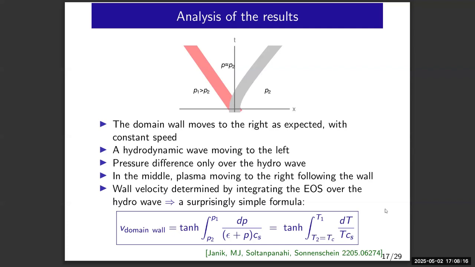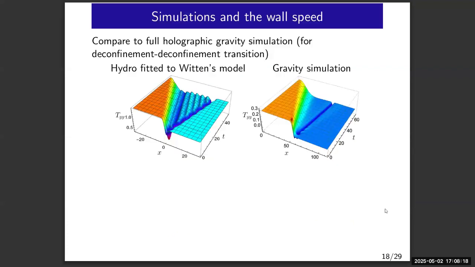And then what we did was that we also did gravity simulations. These gravity simulations we didn't do in Witten's model because that would be difficult. We took a simpler case, which is something like 5D Einstein-dilaton gravity. Anyways, we set it up in a way that should give relatively similar physics.